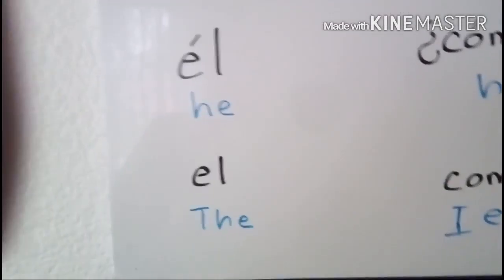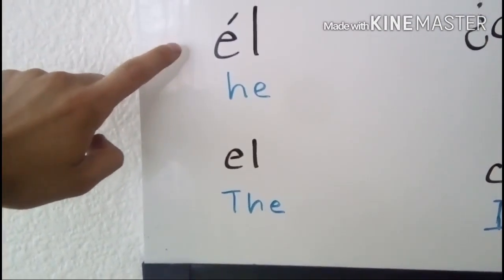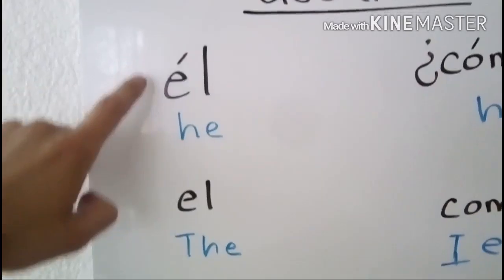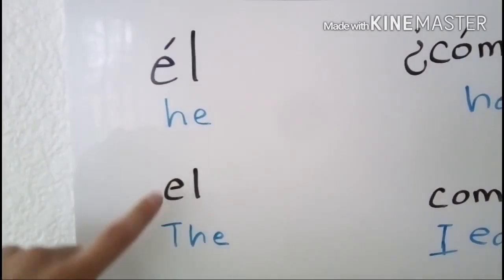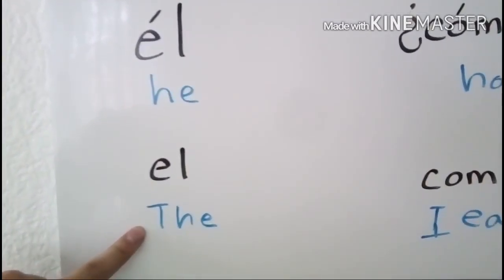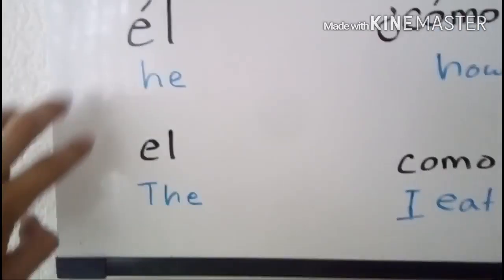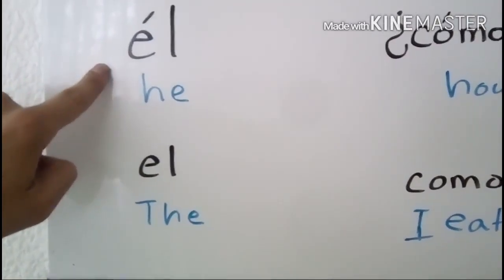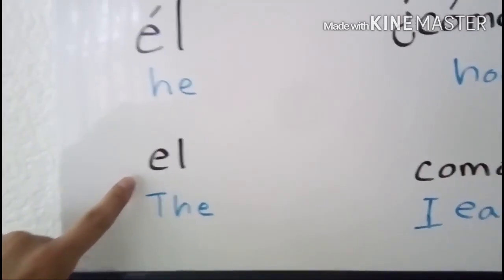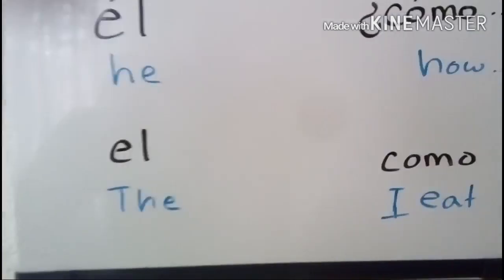For example, in the first pair, él. Él with accent means he, but without accent, el means the definite article. So this is very important. If you are talking about someone, it's él, and if you are talking about an article, it's el without accent.